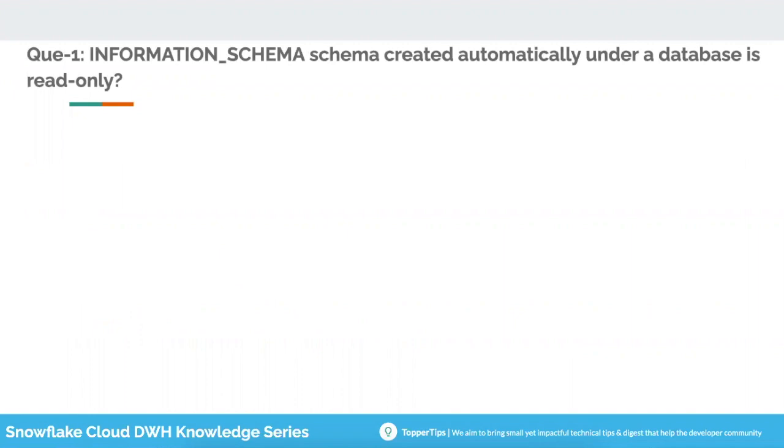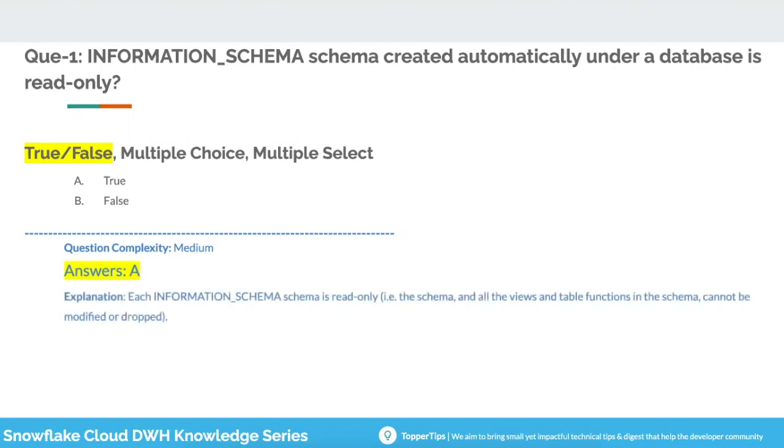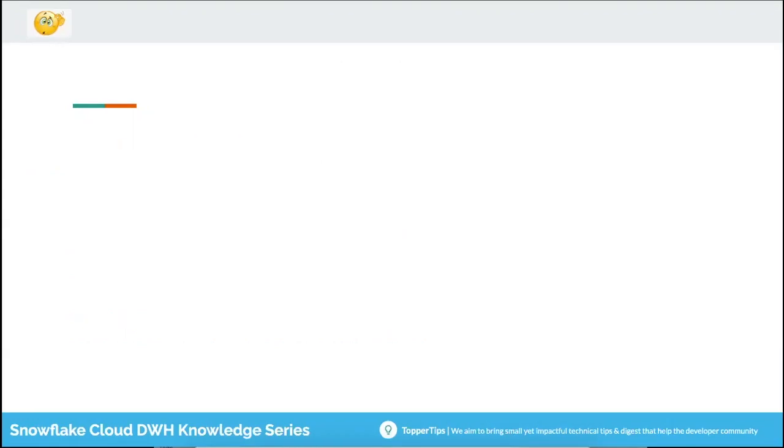First question: information schema created automatically under a database is read-only. A true or false question. Next question, it's a bit tricky: after creation, a temporary table cannot be converted to any other table type.